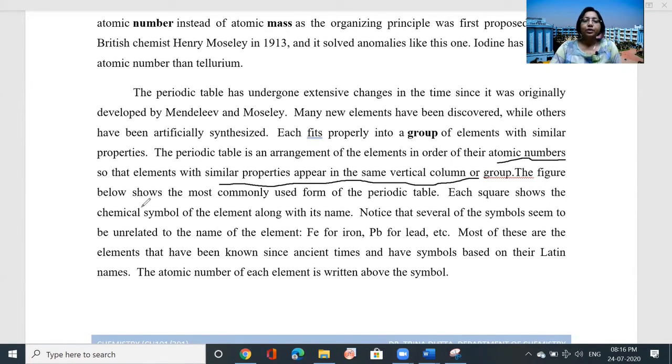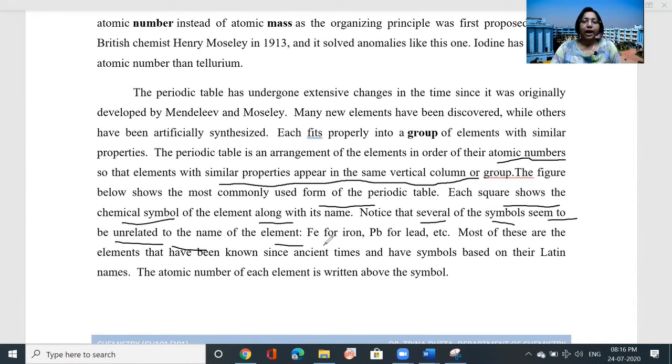The figure below shows the most commonly used form of the periodic table. Each square shows the chemical symbol of the element along with its name. Notice that several of the symbols seem to be unrelated to the name of the element.